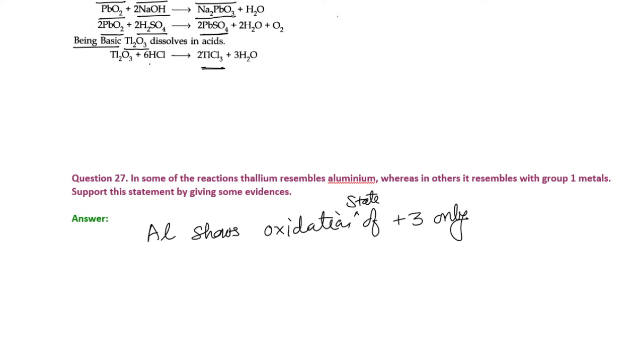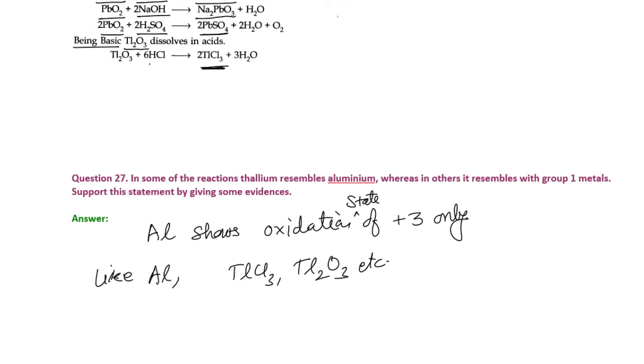So like aluminium, thallium can also show +3 oxidation state in some of its compounds like TlCl3, Tl2O3.